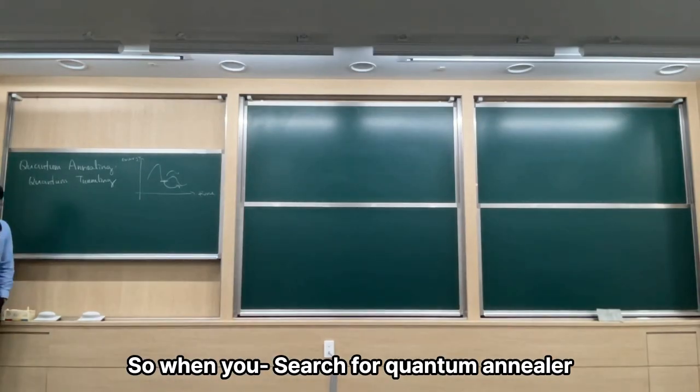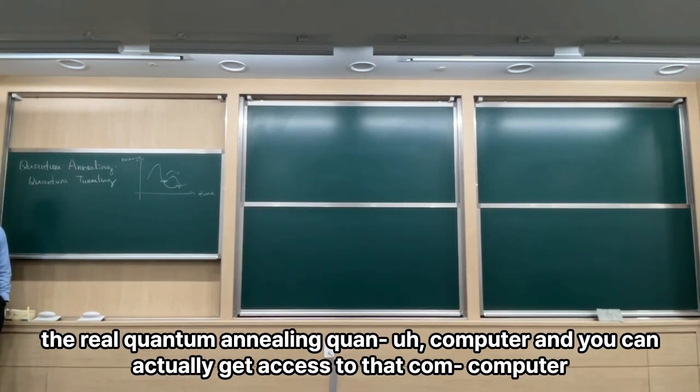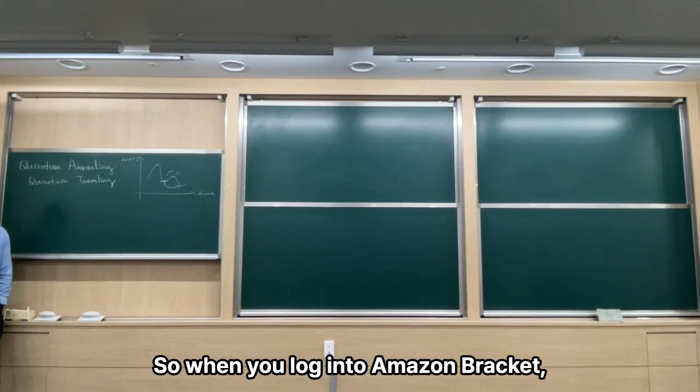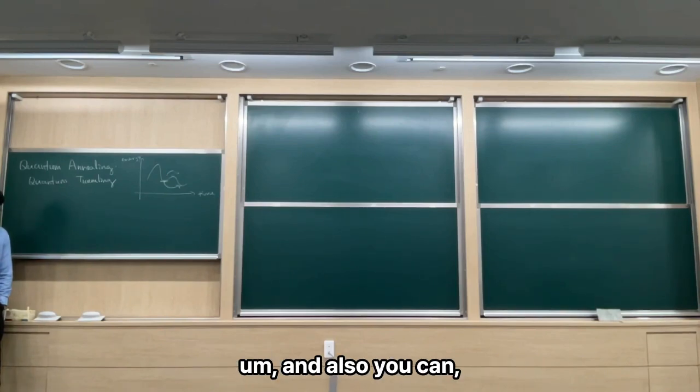When you search for a quantum annealer, there are several real quantum annealing computers, and you can actually get access to them by paying a comparatively small amount of money. When you log into Amazon Braket, you can use the quantum annealer.